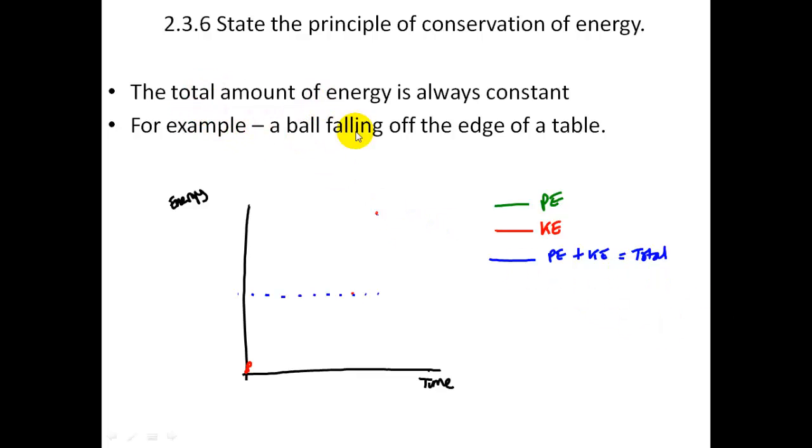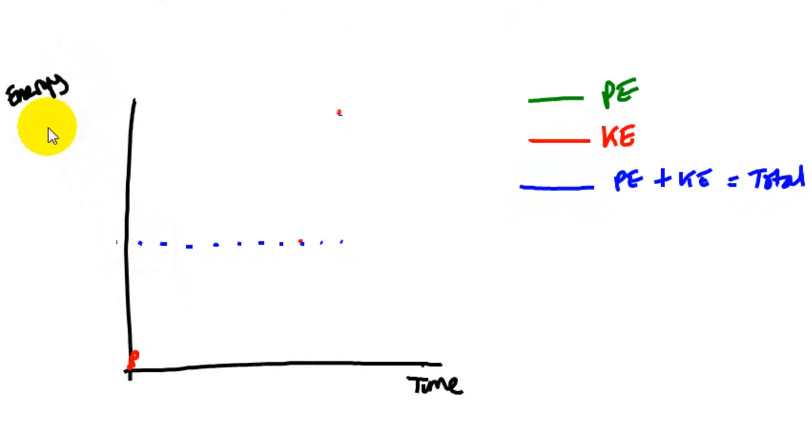Here's an example. This is the total energy, and this is time. When you drop a ball, it starts off with a lot of potential energy, and the kinetic energy is 0.